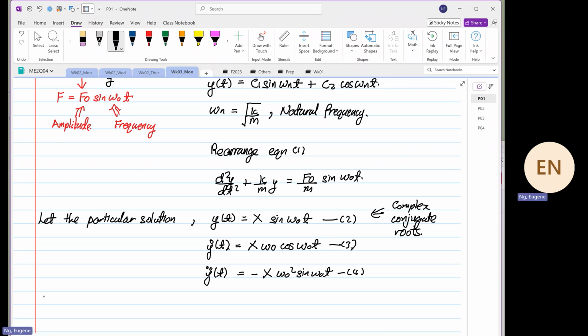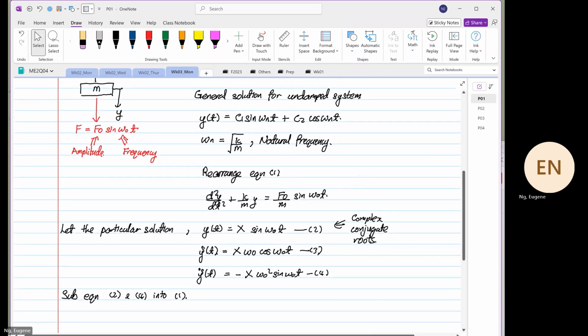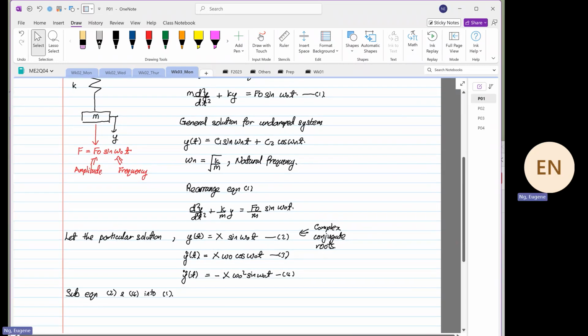So from here, we're going to substitute equations 2 and 4 into equation number 1.